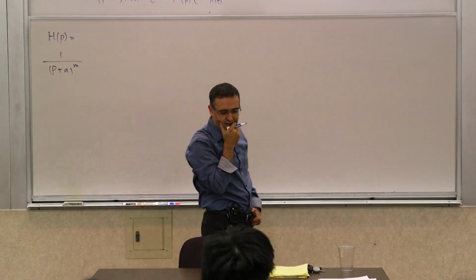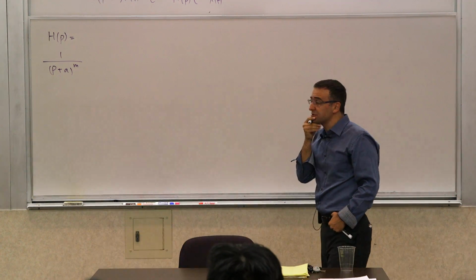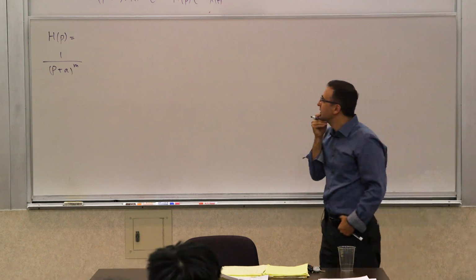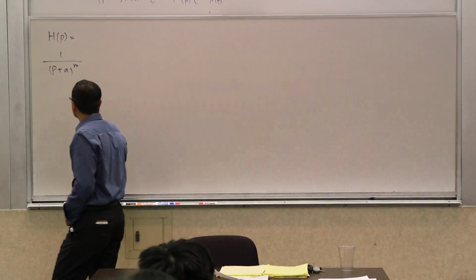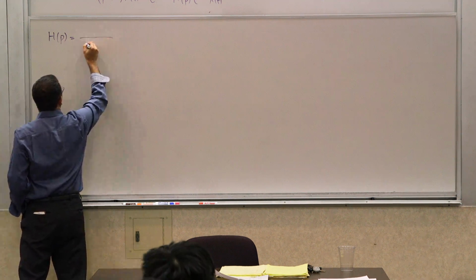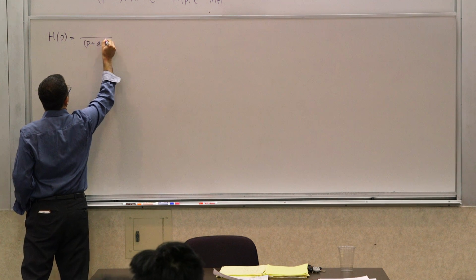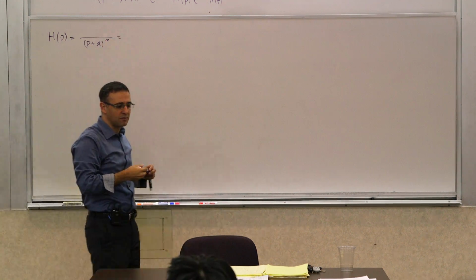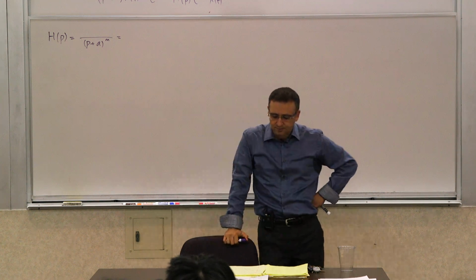If you had something like this, what is the partial fraction expansion of that? Let's say we start with something like that. In general, it could have some stuff in the numerator. What is the form of the partial fraction expansion for this?